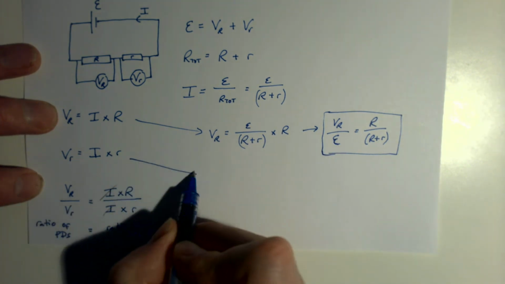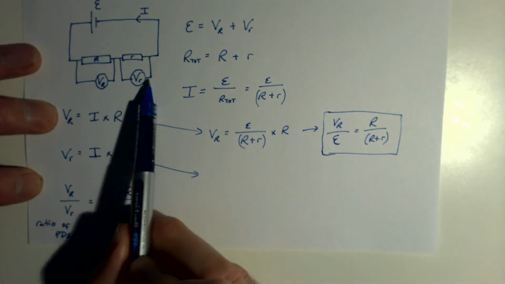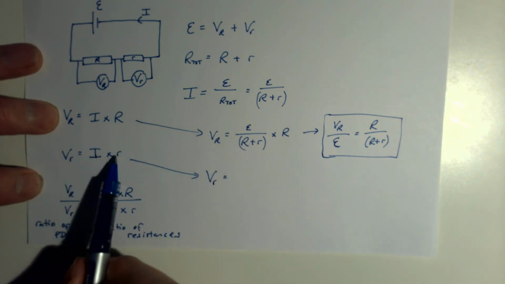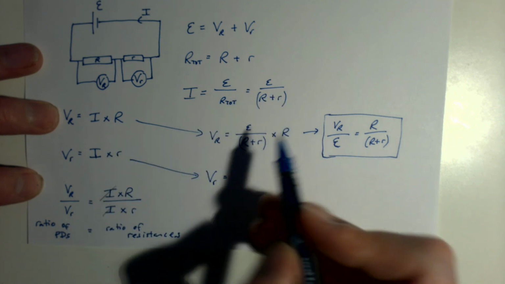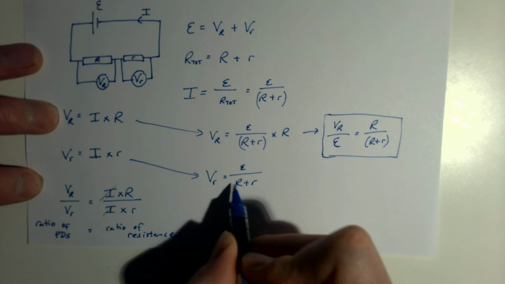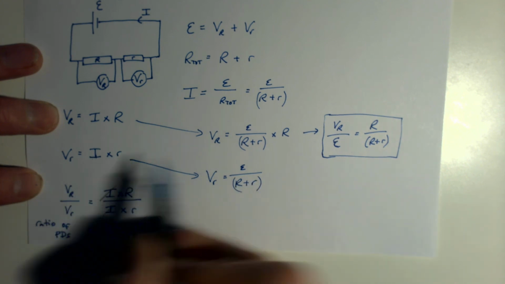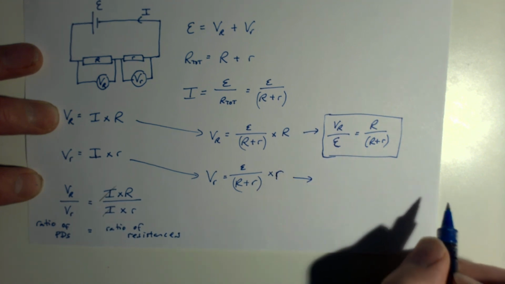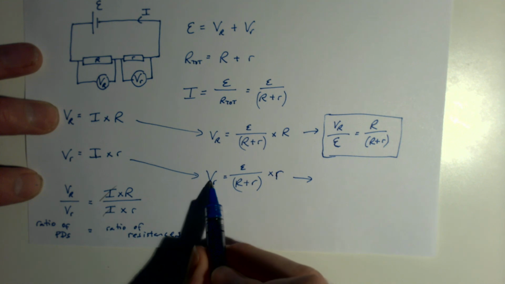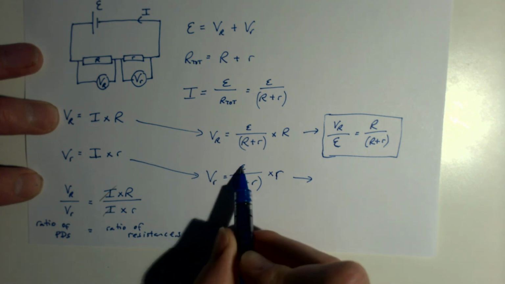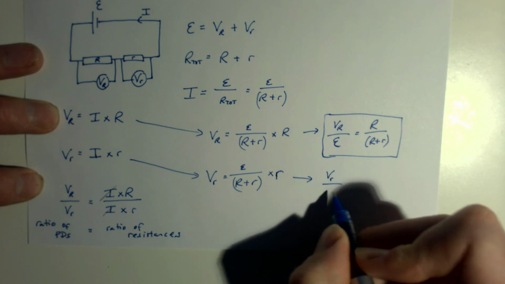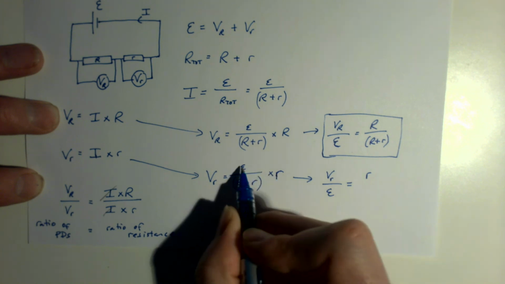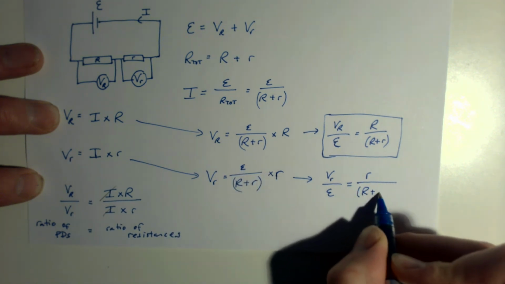And of course you can also do exactly the same thing with this one. If we want to know the potential difference across this resistor, across little r, that is just the current times little r, but here's the value for the current, EMF over R plus r. This time we're multiplying by little r. And if we do exactly the same rearrangement, we divide by the EMF, so the potential difference across that resistor as a fraction of that entire EMF, and we're left with little r on the top, divided by the total resistance.